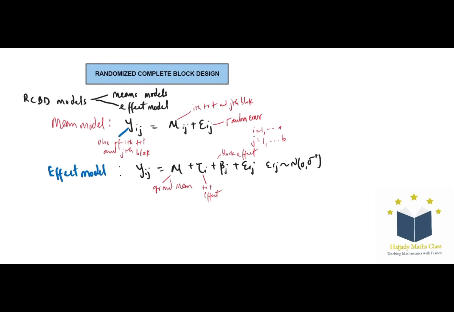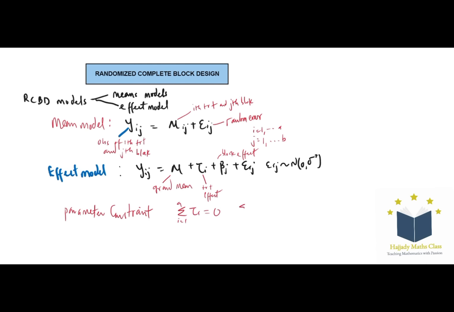With this, there's a need for me to talk about the parameter constraint. This is very important when you state the model, so you need to state the parameter constraint. Here we have that the summation of tau i, where i ranges from 1 to a, is 0.